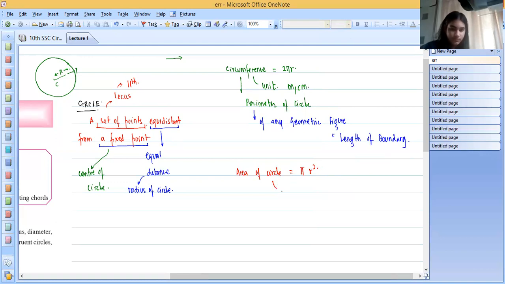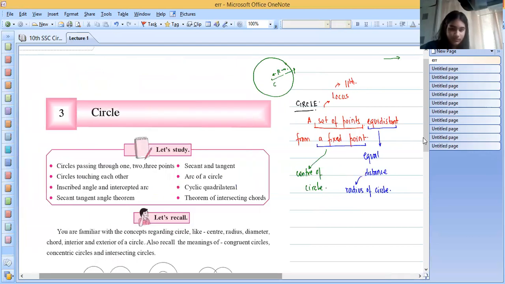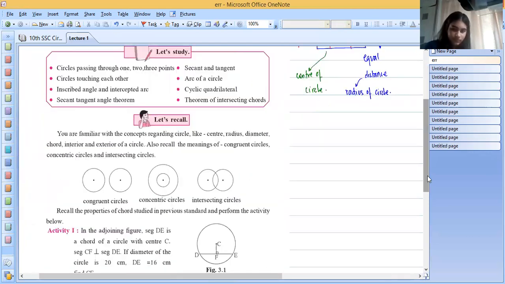What is the unit? Square centimeter or square meter. Either square centimeter or square meter. Fine.